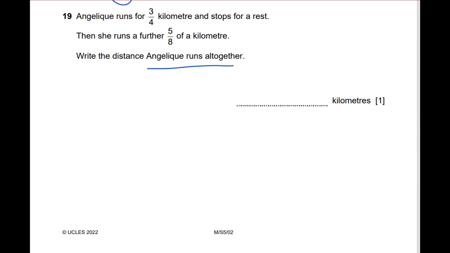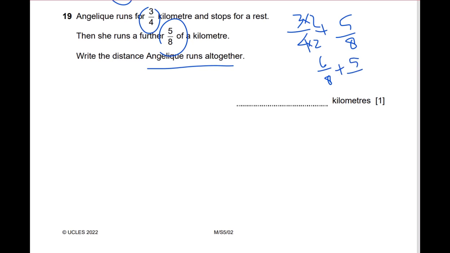Altogether means we have to add these two numbers. So 3 over 4 plus 5 over 8. The denominators are different, so times by 2 to get 8. Now it becomes 6 over 8 plus 5 over 8. Now we have 11 over 8, which is 1 and 3 over 8. 1 and 3 over 8 is our answer. 1 and 3 over 8 kilometers.